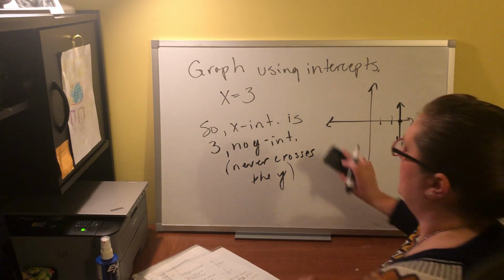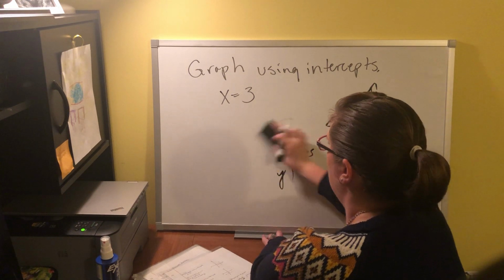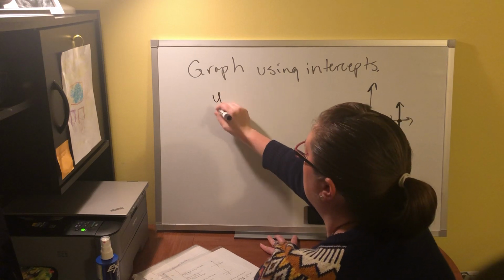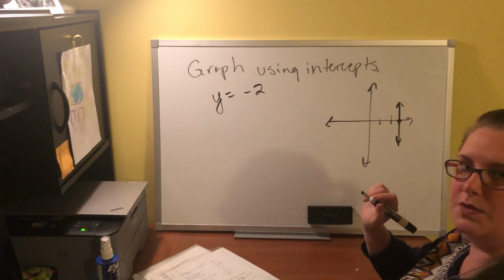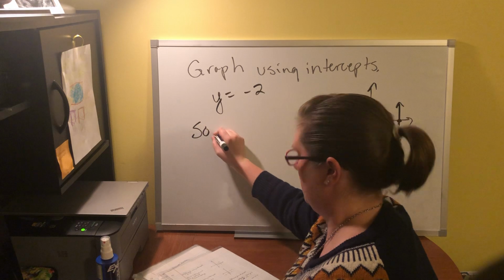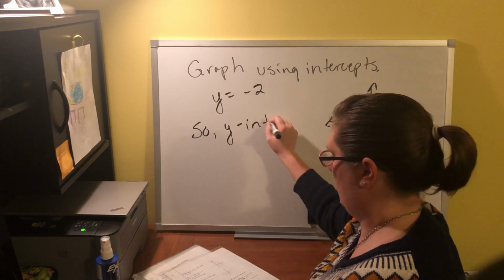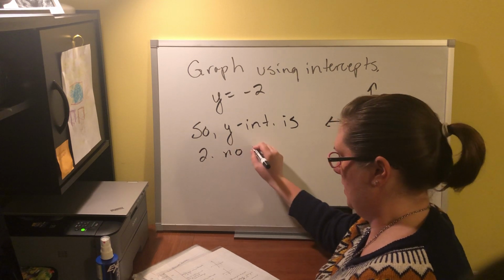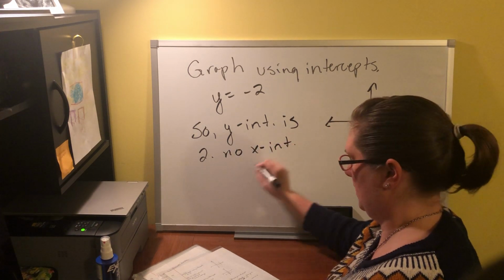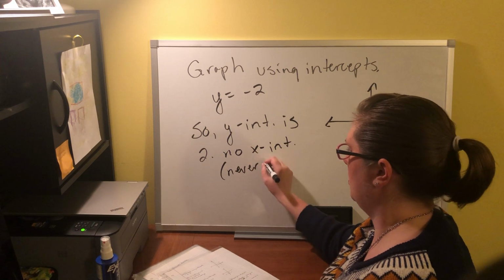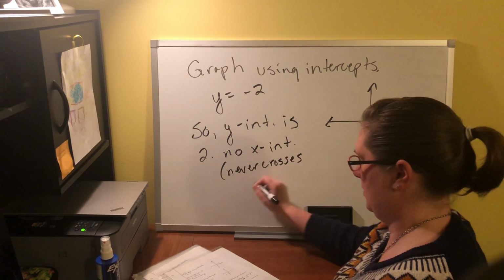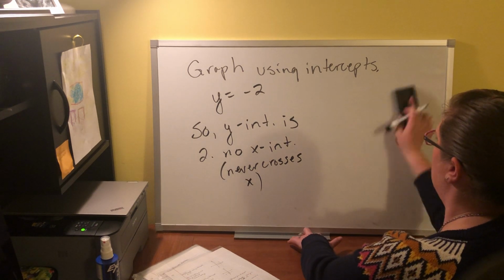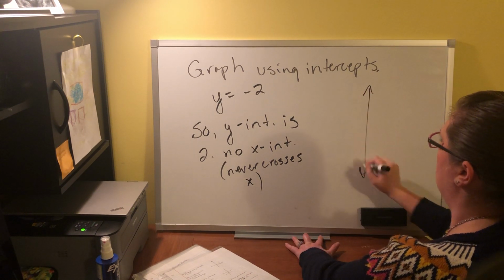Okay, we're still doing the same thing with the intercepts, but let's say they gave us y equals -2. Okay, so this means that the y-intercept is -2 and there is no x-intercept. It never crosses the x. Like I said, we just did this in the last section, right?